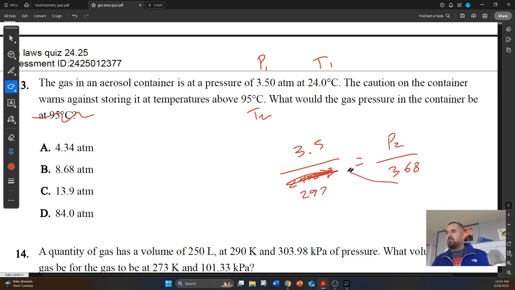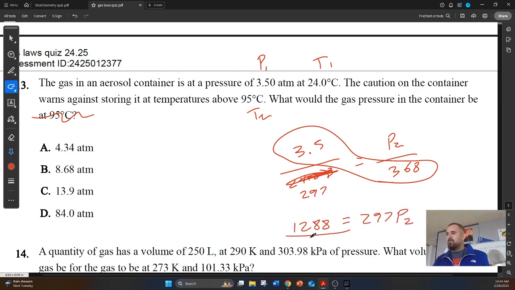And then we just cross multiply. So 3.5 times 368, that's 1288. And that's going to be equal to 297 P2. Divide both sides by 297. And that gives us 4.3 or 4.34.